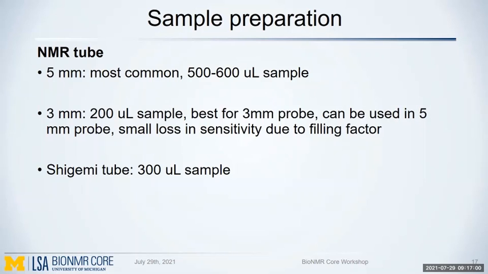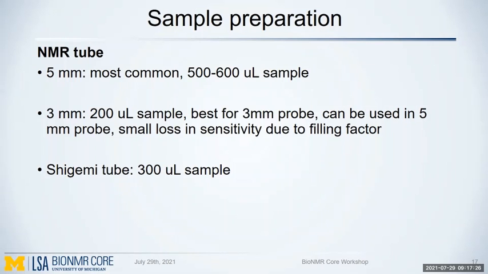And for a sample NMR tube, 5 millimeter is the most commonly used one. As I mentioned before, you can add 500 to 600 microliters of sample into it. And sometimes you may have a small amount of sample, so you want to add less solvent and not dilute your sample. In this case, you can use either a 3 millimeter tube or a Shigemi tube.